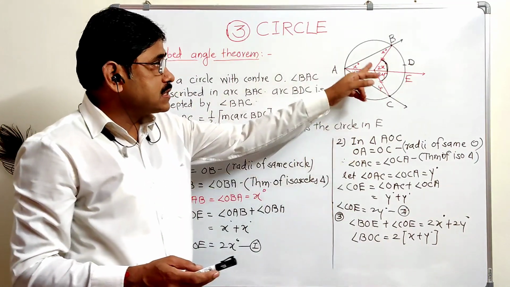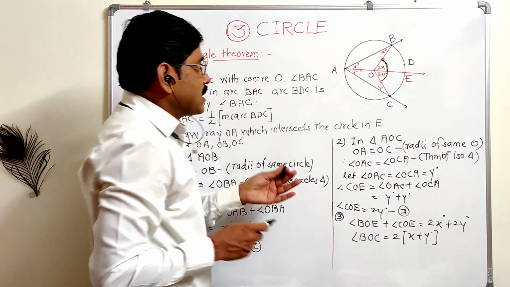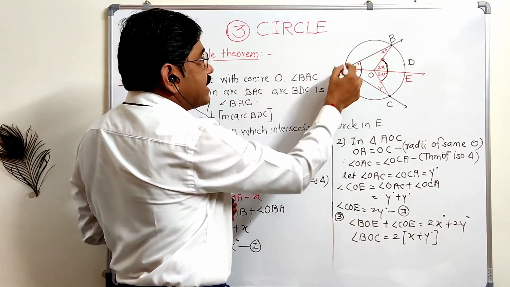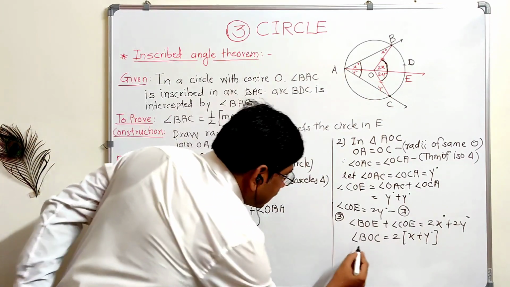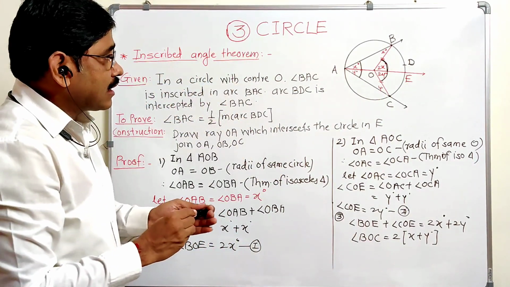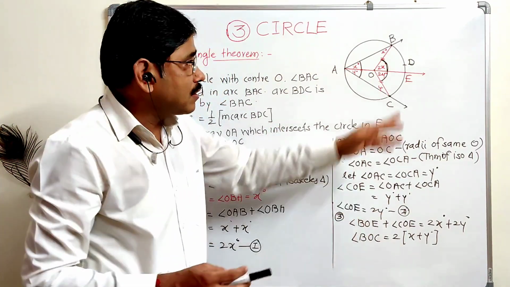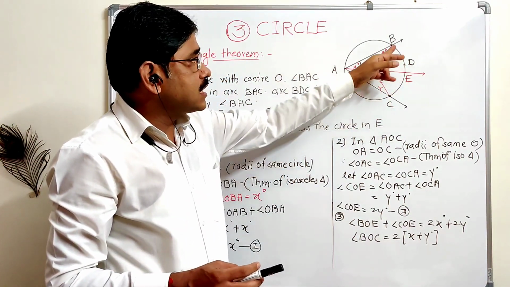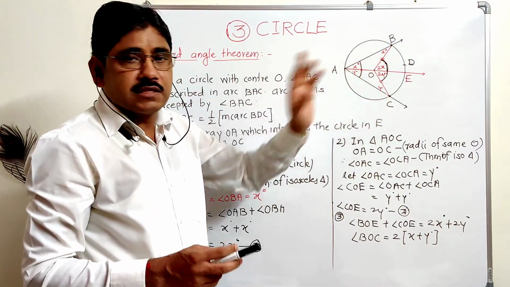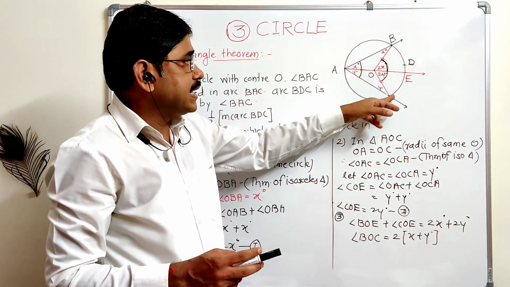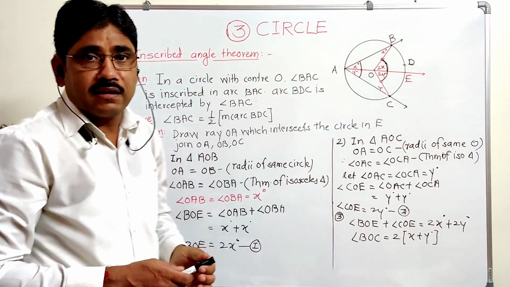So we get BOC. BOC is the central angle and x plus y means, अगर यहाँ पे हम लोग ध्यान देते तो x plus y is BAC. So we can write measure angle BOC means measure arc BDC, because by the definition, the measure of a minor arc is equal to the measure of its corresponding central angle. अगर central angle BOC है तो measure arc BDC is equal to measure angle BOC.